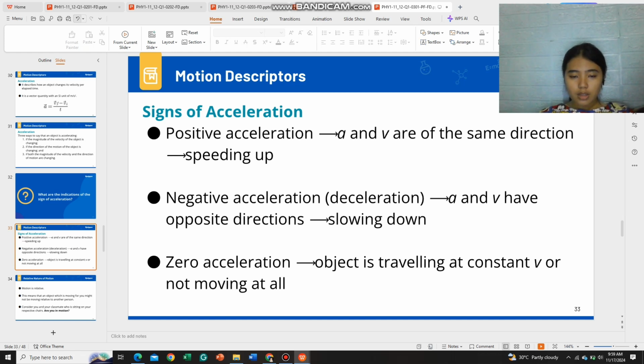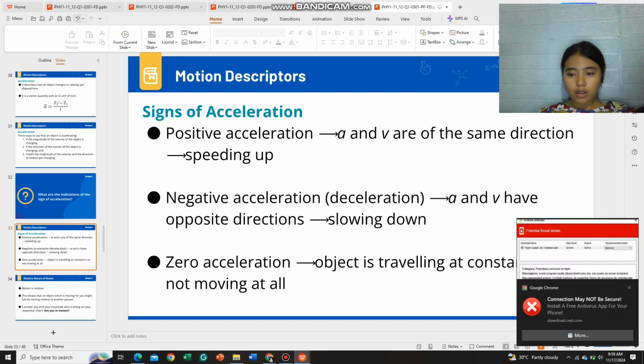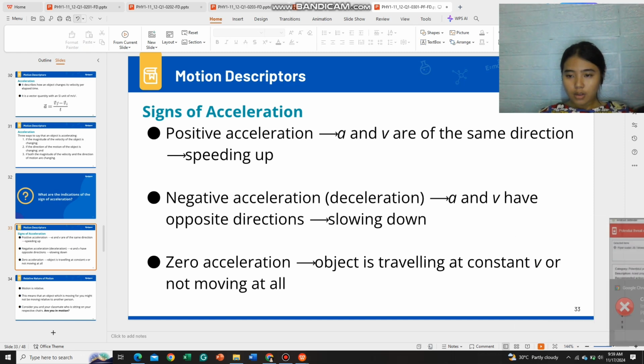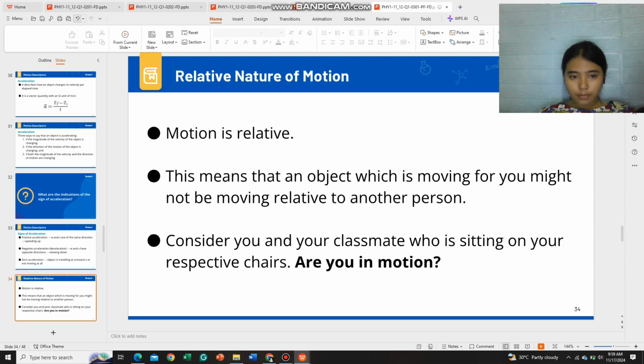So, ang pag-indicate ana kay ang positive acceleration kay same og direction, speeding up. While negative acceleration, deceleration, kay slowing down. Opposite direction yan, nag-slowing down. Zero acceleration, kay object is traveling at constant velocity or not moving at all.